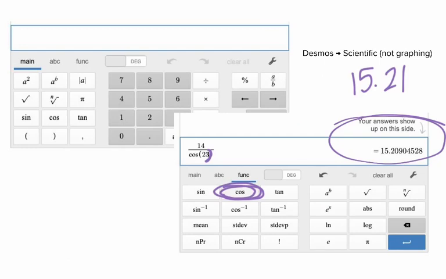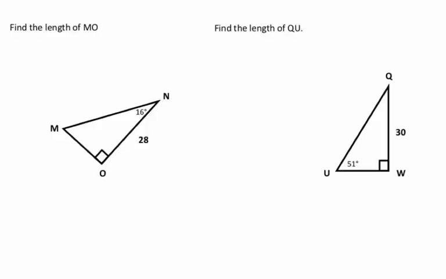I know this is a lot of information, but I want you to pause right now and try these two on your own. All right, in that first one, I'm looking for MO. I have the adjacent, which is 28, and MO is the opposite. So the trig function I'm going to use, which one has both opposite and adjacent, that is tangent.